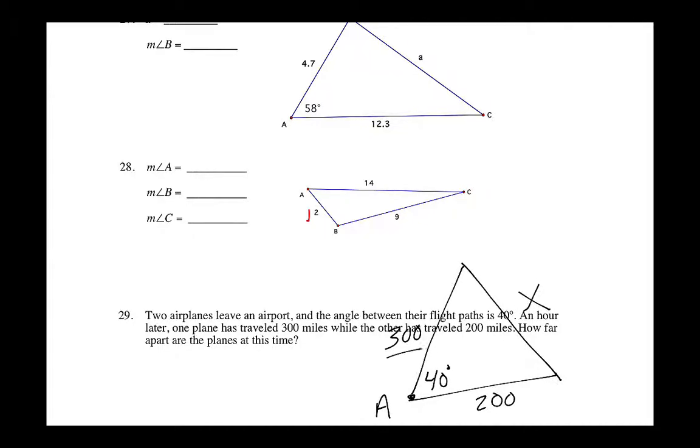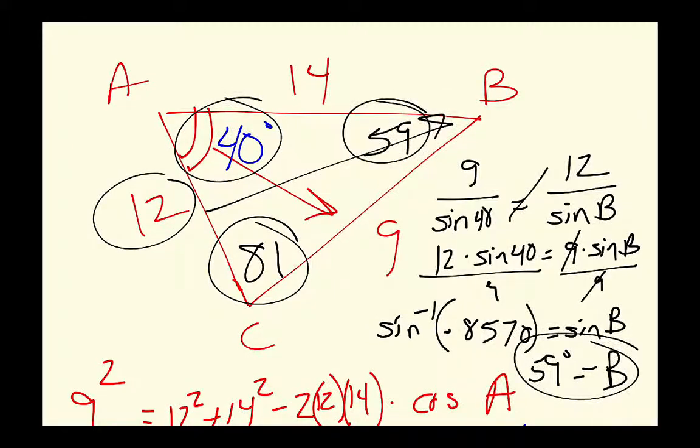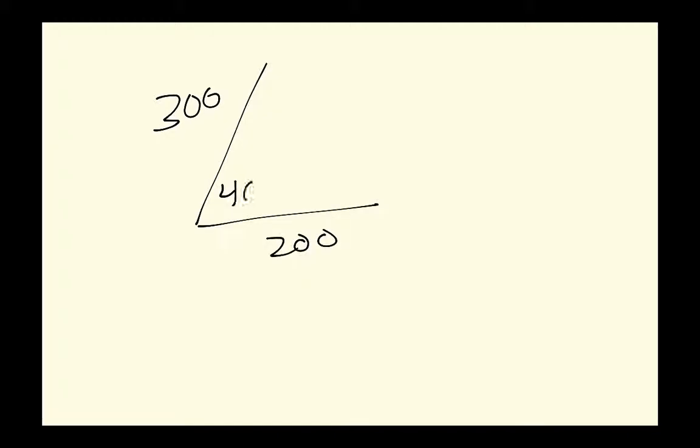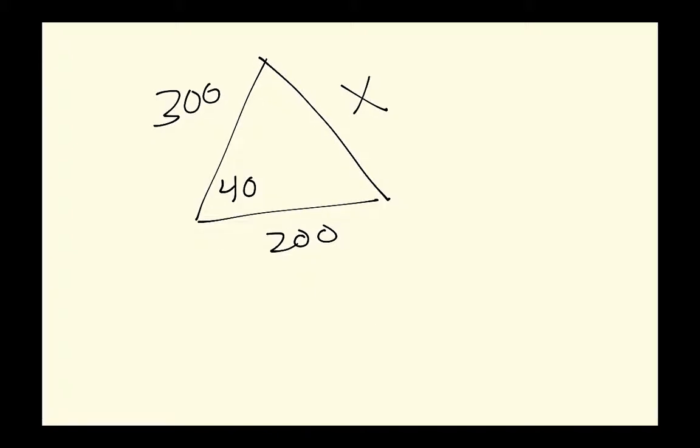So this is a side angle side relationship, so it's going to require law of cosines one more time. We've got 300 miles away, we've got 200 miles away, and they were going at an angle of 40 degrees.